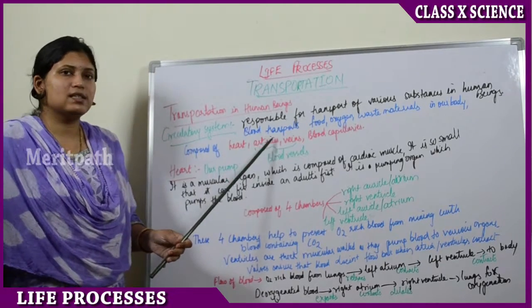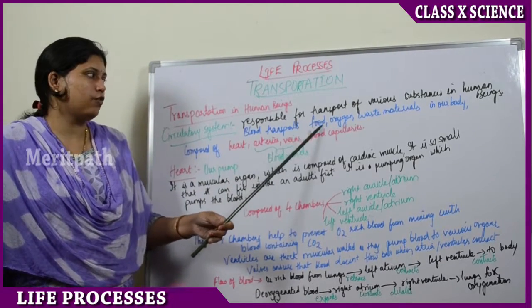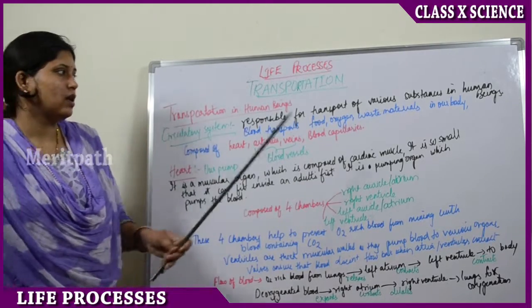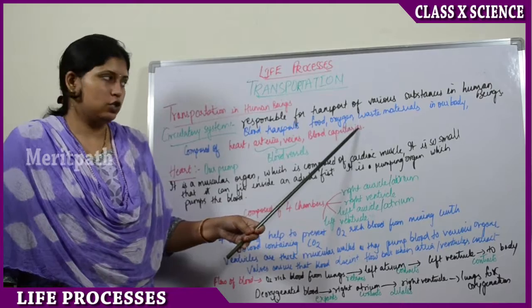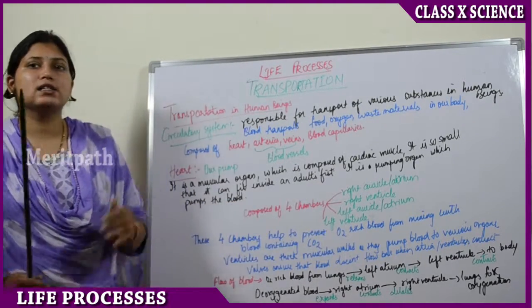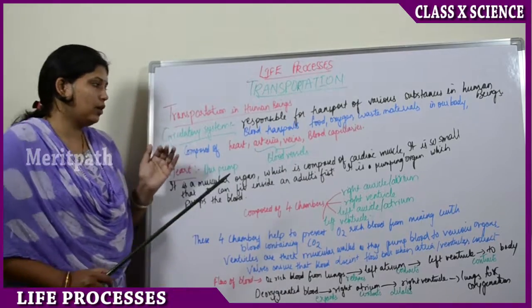The circulatory system, blood, mainly transports food, in the digested form, and oxygen during the respiration process, and waste materials in our body. So all these things blood transports in the circulatory system.